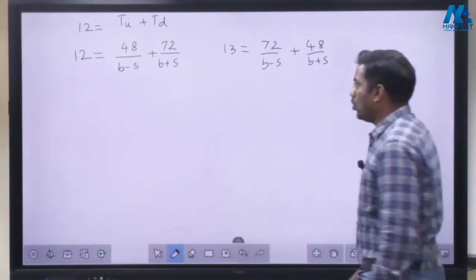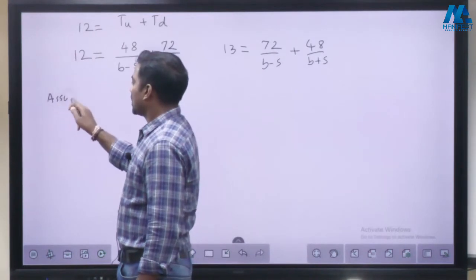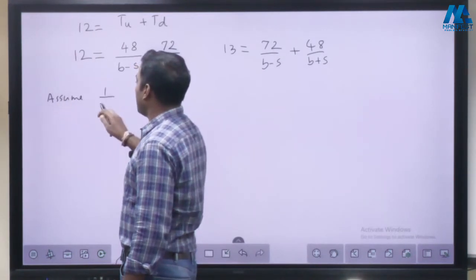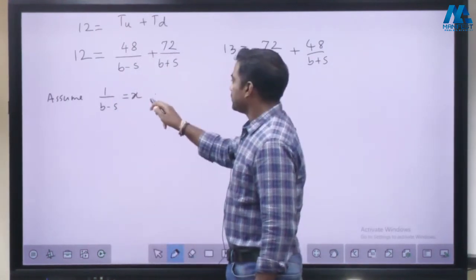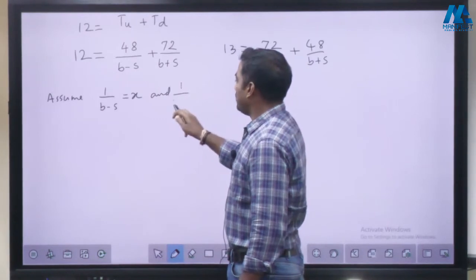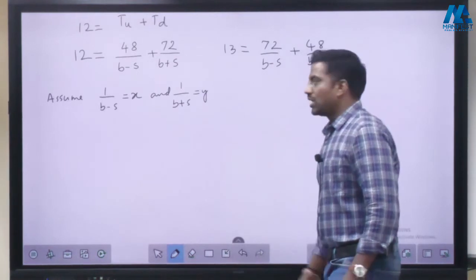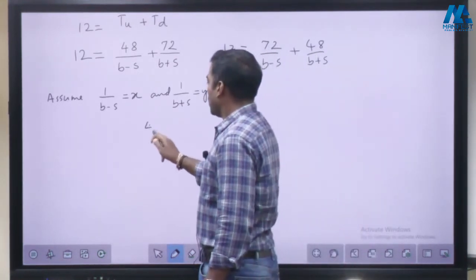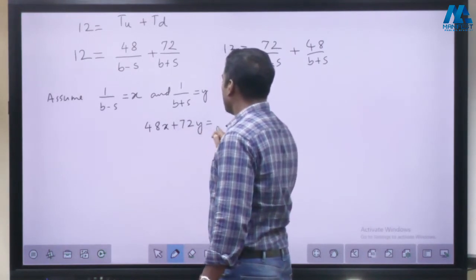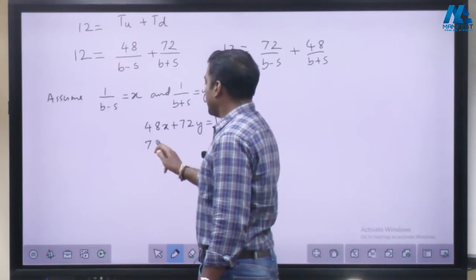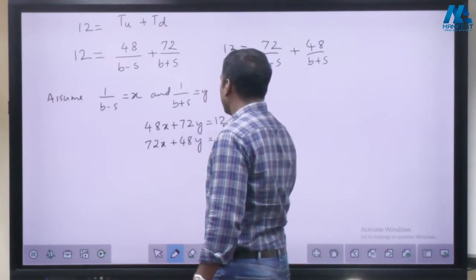In such cases, you can assume 1 by B minus S as X and 1 by B plus S as Y. Now try to substitute. What will happen? For the first equation, 48X plus 72Y is equal to 12. Second equation, 72X plus 48Y is equal to 13.